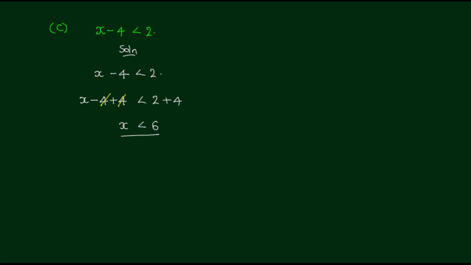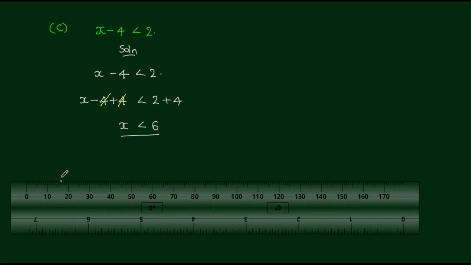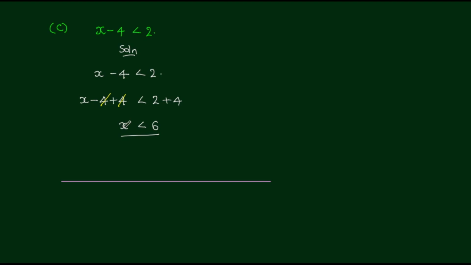Now we can move on and draw our number line. The guide will always be our solution that we have just got here, like we had 6 is greater than x, or x is less than 6. So this time let me start with -1.